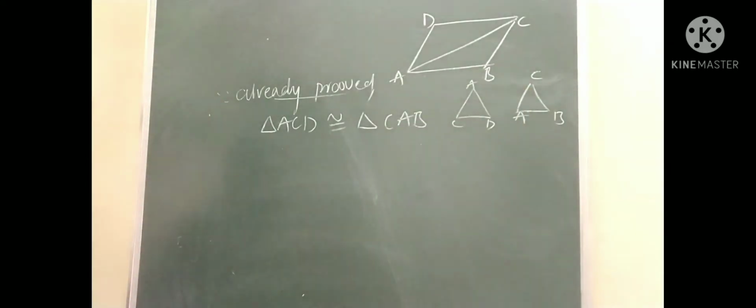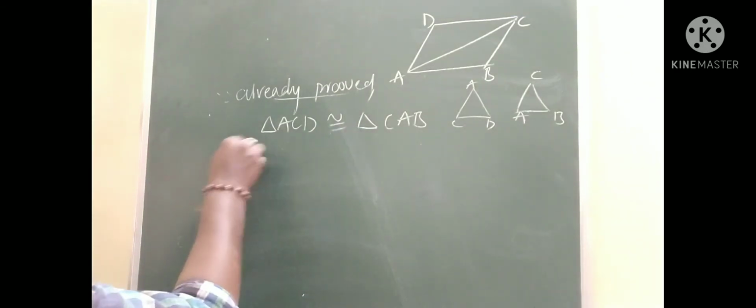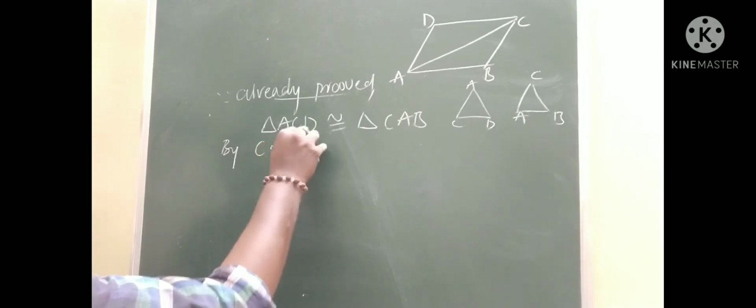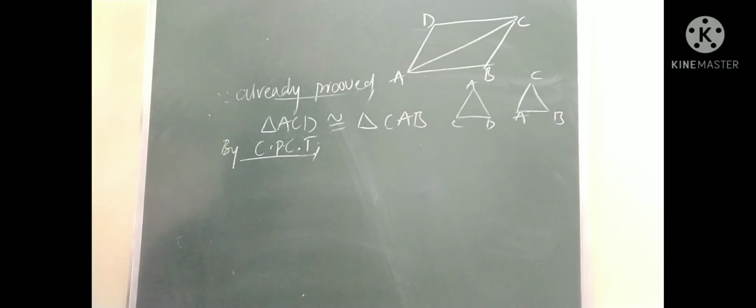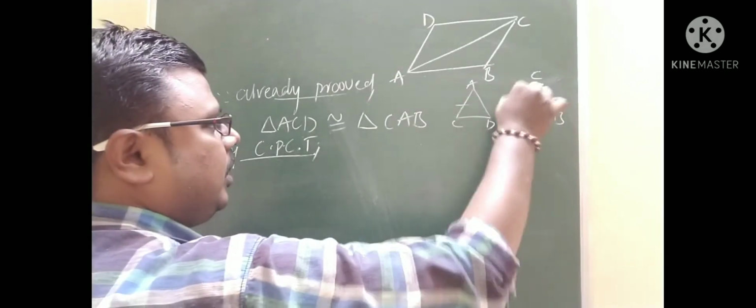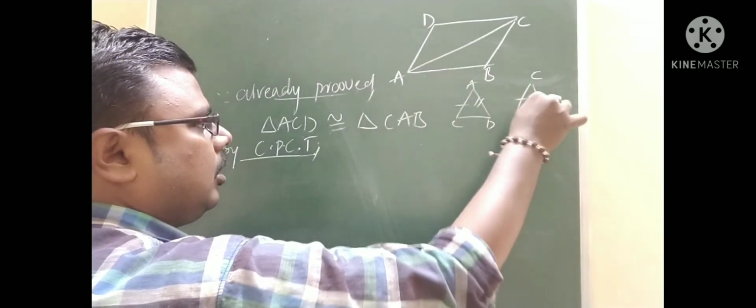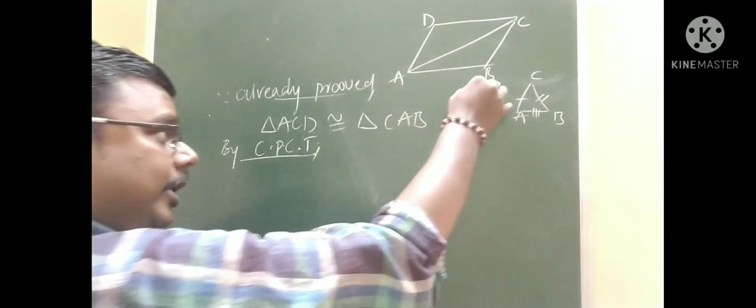When the two triangles are congruent, what can we write? By CPCT, corresponding parts of congruent triangles, corresponding sides are equal and corresponding angles are equal.